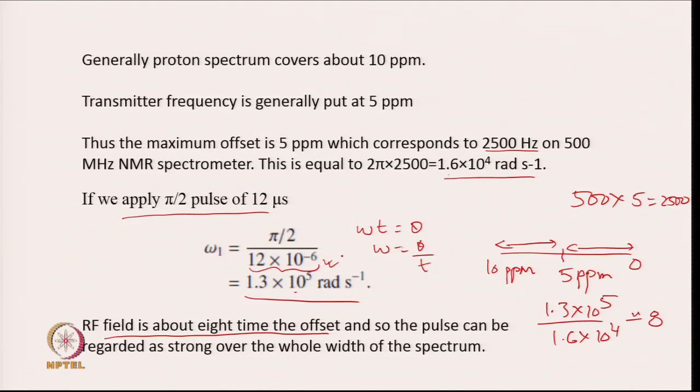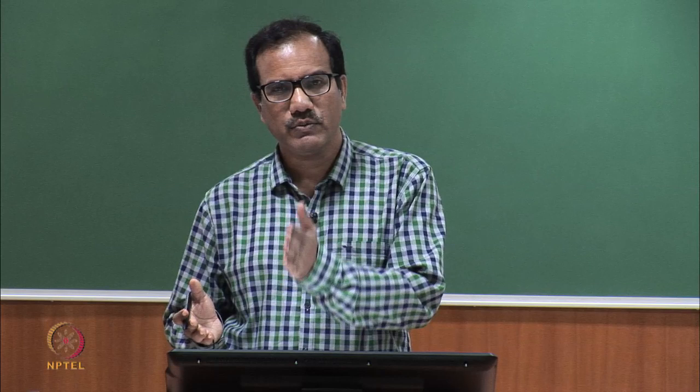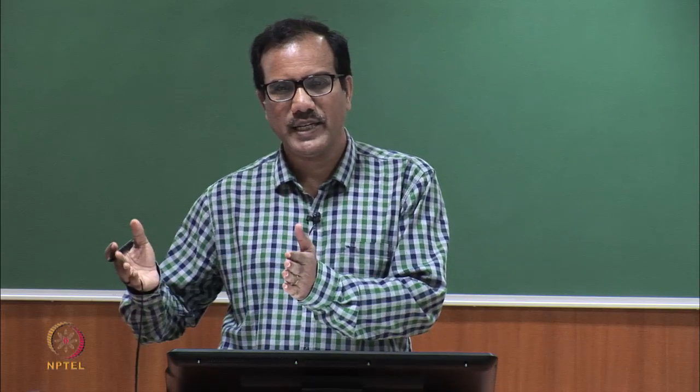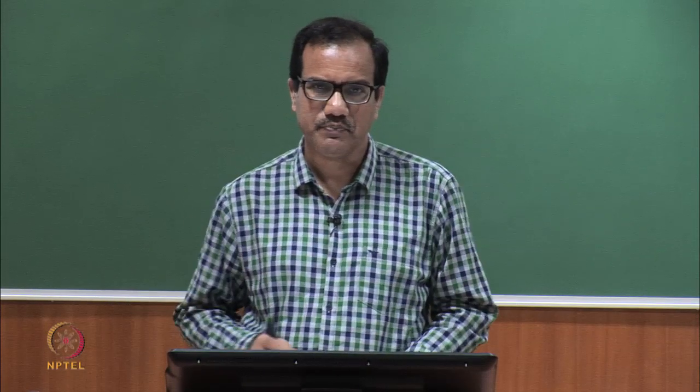It is a hard pulse because it is affecting the resonances from 0 ppm to 10 ppm, and the flip angle will vary from 90 degrees for the resonance at 5 ppm to around 80 degrees for a resonance at, suppose, 10 ppm.